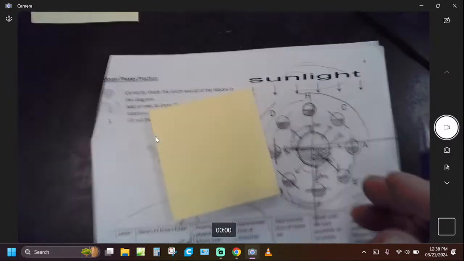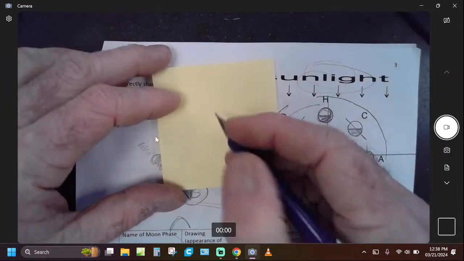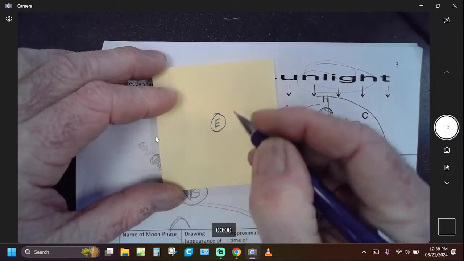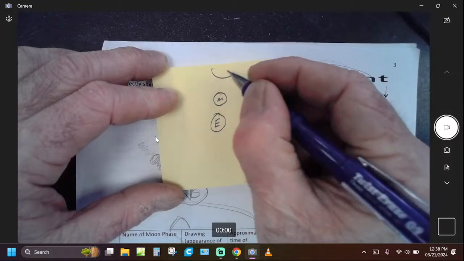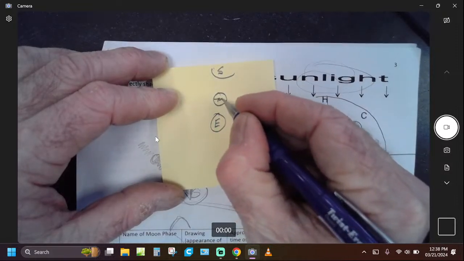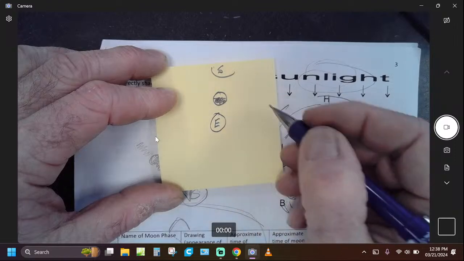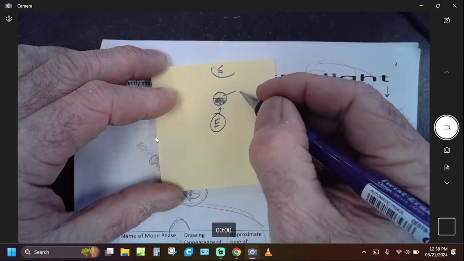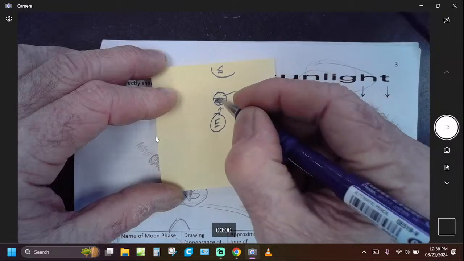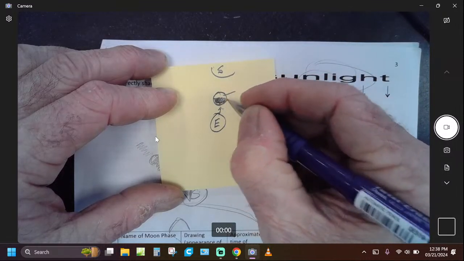Maybe that's why nobody's answering. Thank you, thank you. So if this is the Earth, and this is the moon, and this is the sun, and I darken this side, when we look out at that, we're seeing nothing but the dark side. So what's the name of that phase? Totally dark moon. What's it called? Naya?